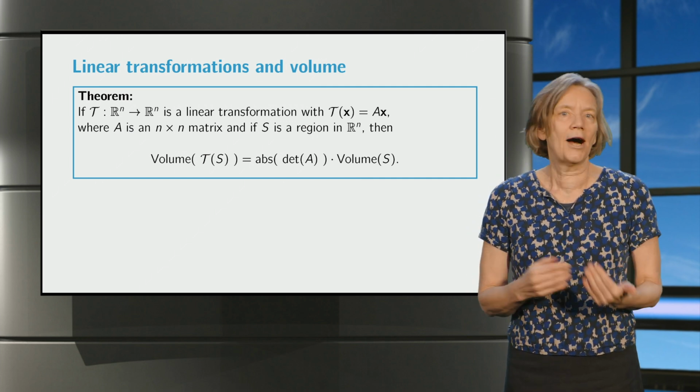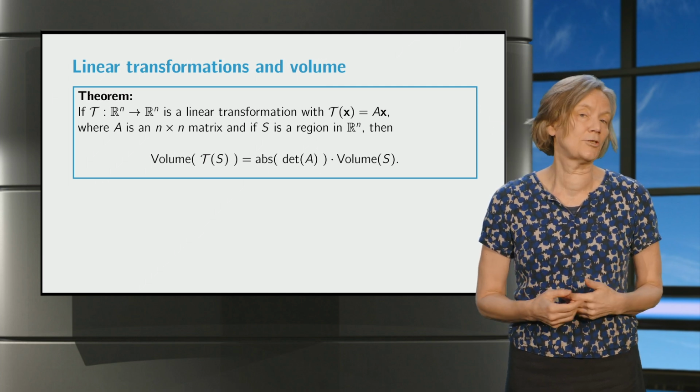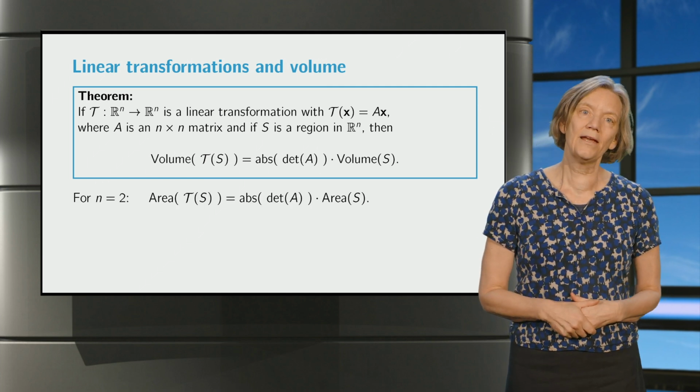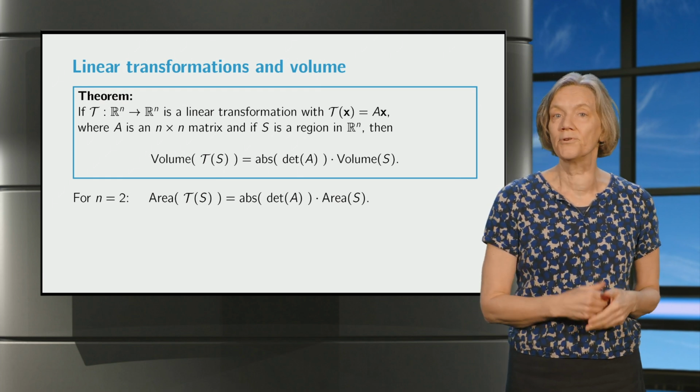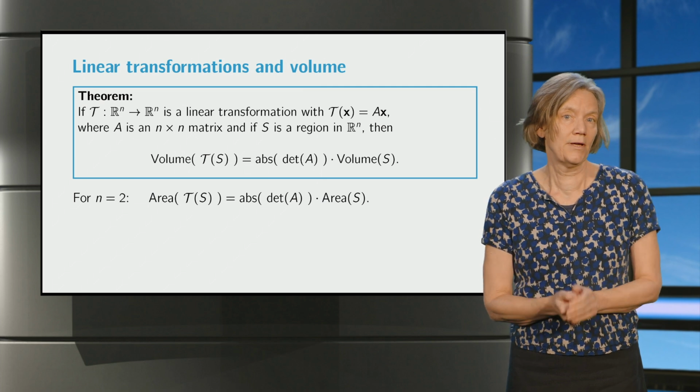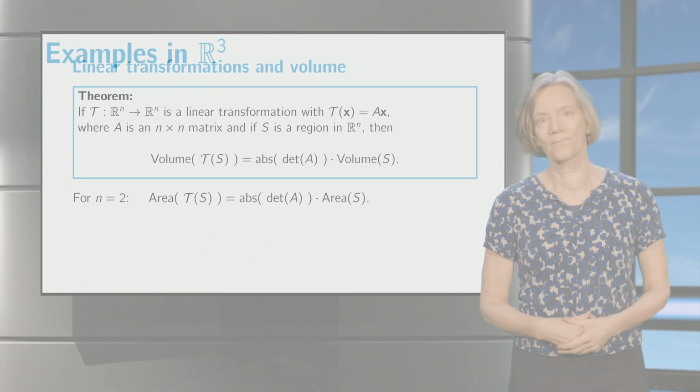For n is 4 or higher, so in higher dimensional spaces, this is a generalized volume. If n equals 2, so for transformation in R2, region S lies in R2. Instead of a volume of S, we talk about the area of S.